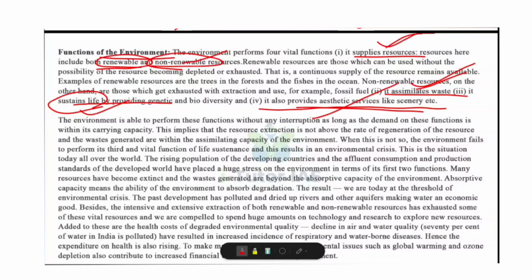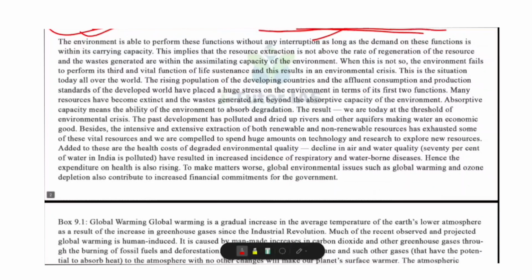Now that we know the four functions of the environment, let's see when and how these functions start failing. The environment can perform all these functions smoothly only when the demand we place on it is within its carrying capacity.